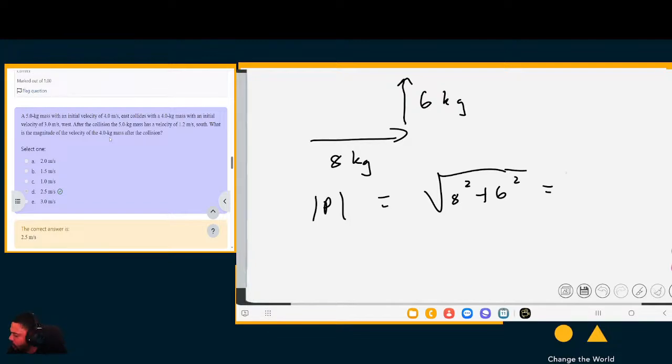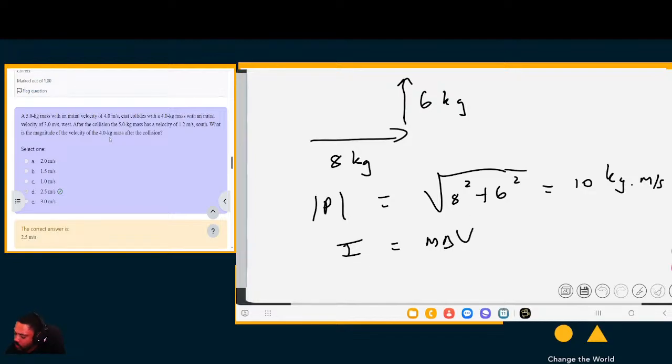Hence the resultant momentum is 10 kilogram meters per second. That is the magnitude of the momentum of the 4 kilogram block. And then we have that impulse is equal to mass times change in velocity.